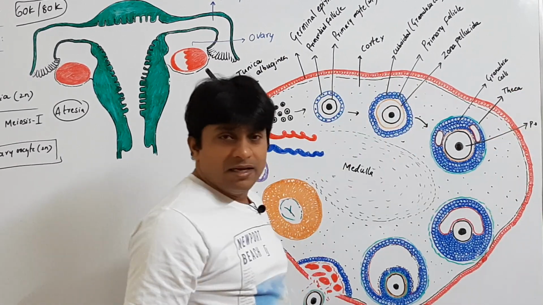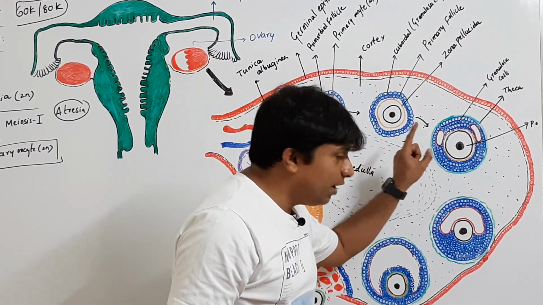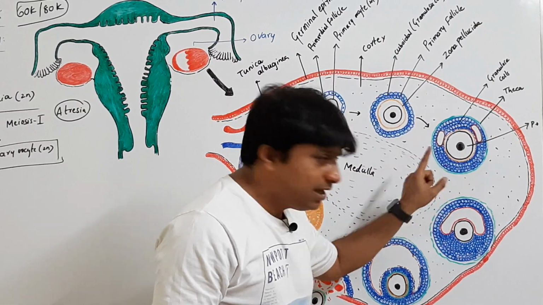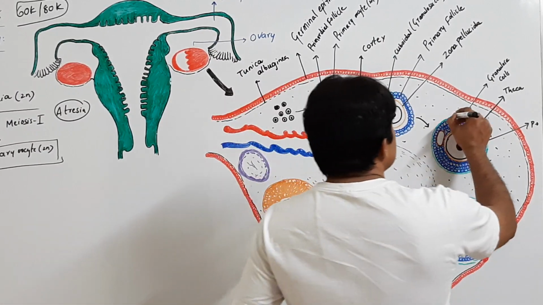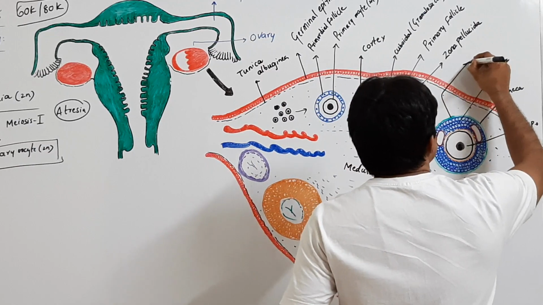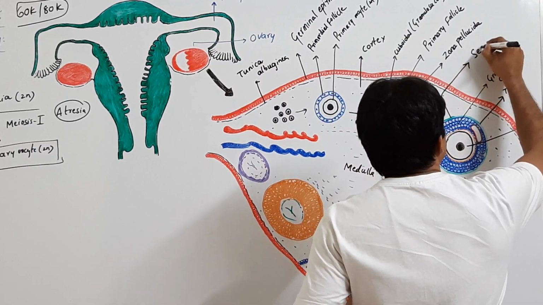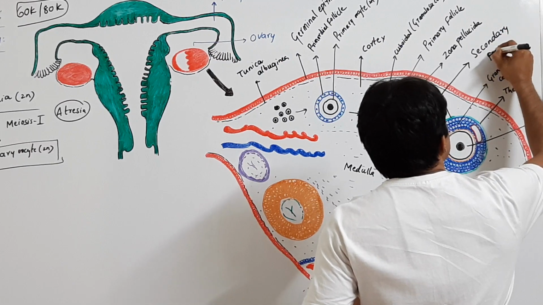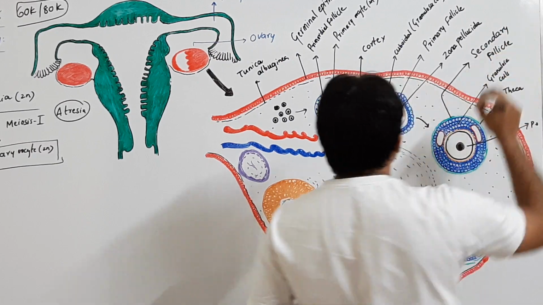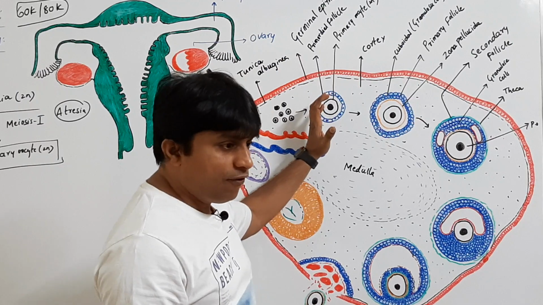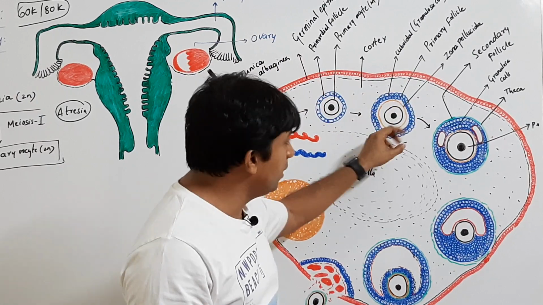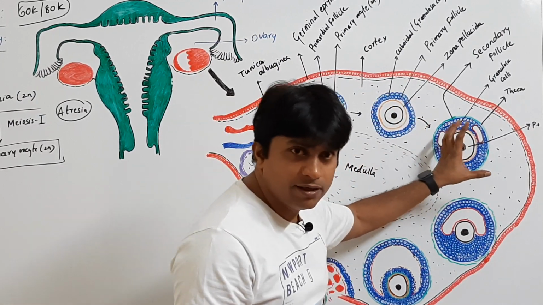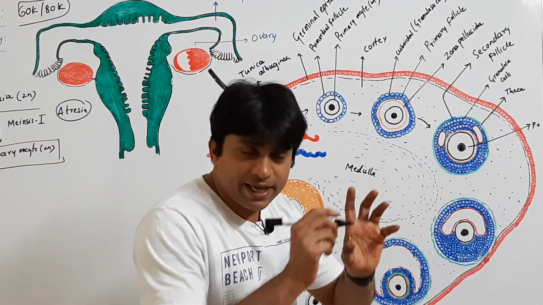Then, at this stage, the follicle is surrounded by a layer of cells called theca, right? Such a follicle with theca is now called a secondary follicle. So remember, your primary follicle becomes a secondary follicle. The initial follicle is the primordial follicle, which becomes a primary follicle, then a secondary follicle.